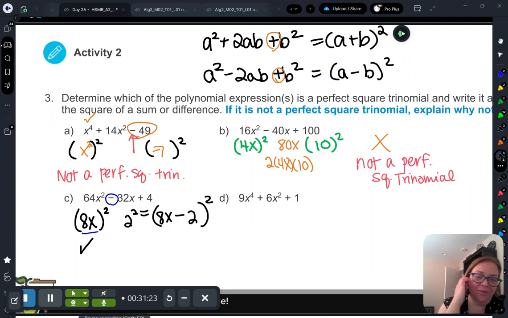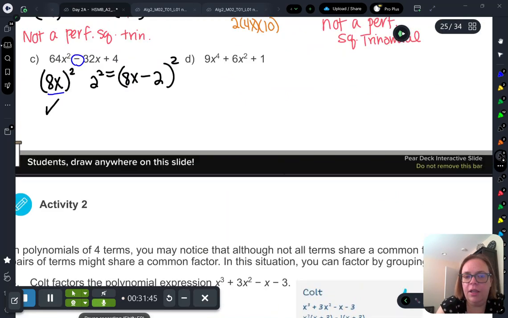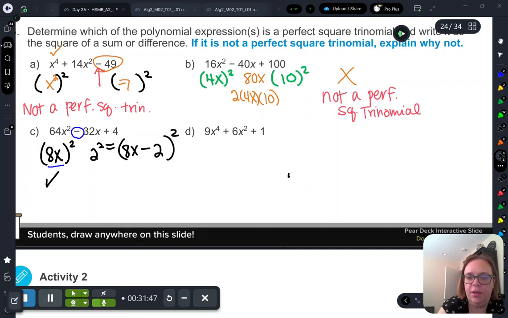Now, technically this one does have a GCF that we should have pulled out. We didn't do that. If you took out the GCF, you would have taken out a GCF of 4, but it should still work. But we can leave it like that. Let's not worry about that, okay? All right, I'll let you do D on your own, the last one.